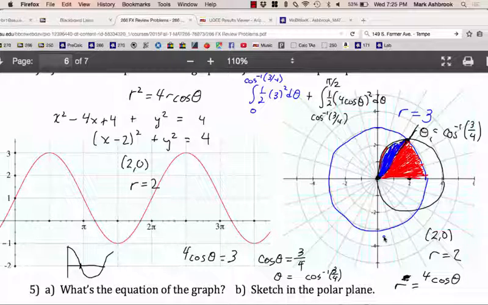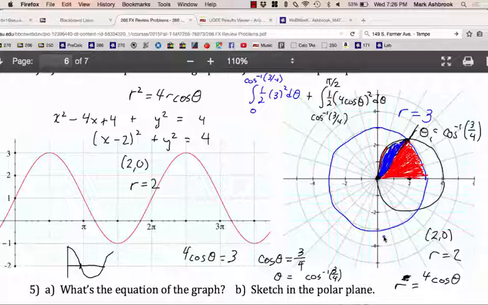Right. But I was just wondering, because the blue one uses the middle. So how come this one's not based off the middle? How come it's based off this? Because these integrals always are from the pole out to the curve R. The typical triangles are always from the pole out to R. So just think of triangular strips, angular strips.